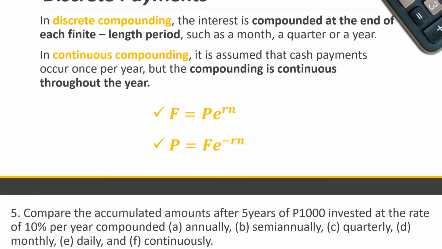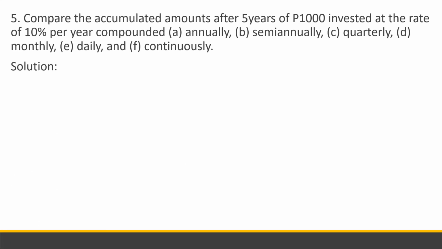Okay, so example: compare the accumulated amounts after 5 years if 1,000 is invested at the rate of 10% per year compounded. So we have 6 cases. So if the 1,000 investment is compounded at an interest of 10%, first is annually, semi-annually, quarterly, monthly, daily, and continuously.